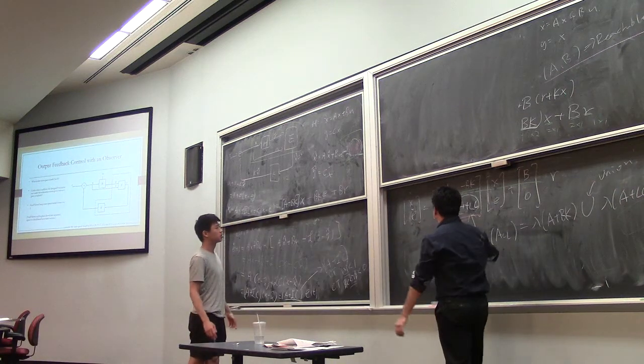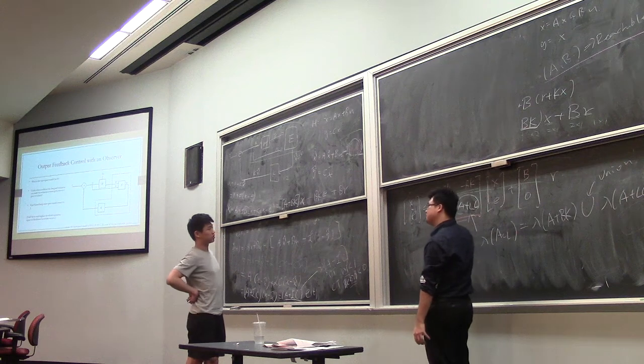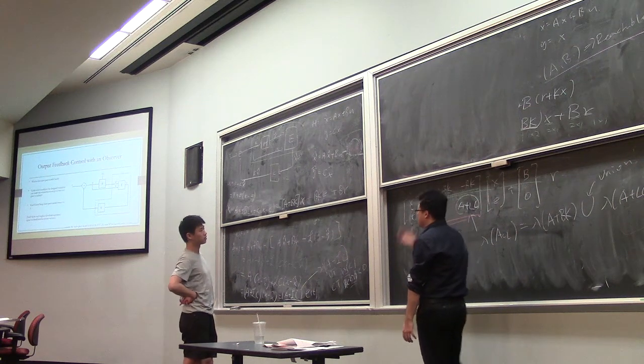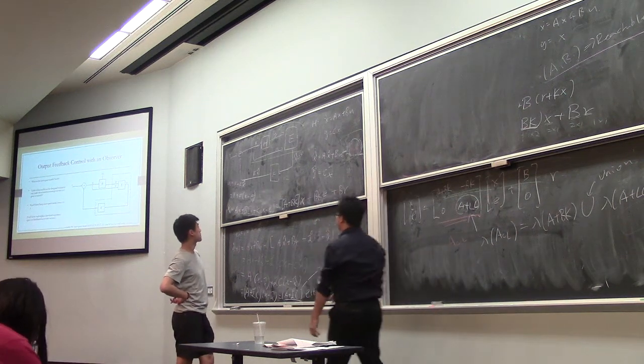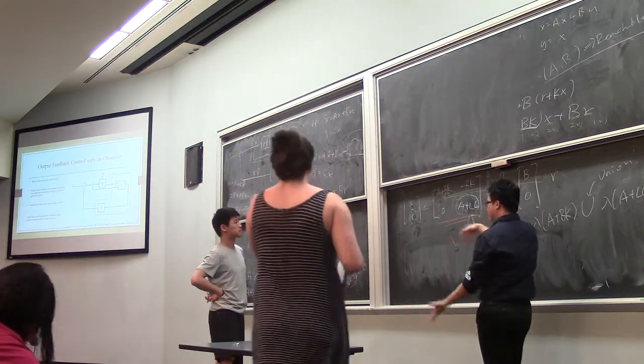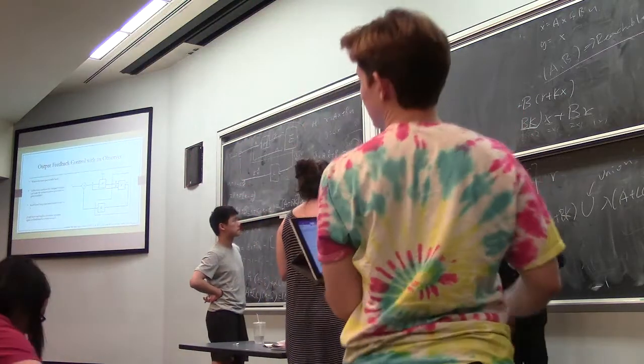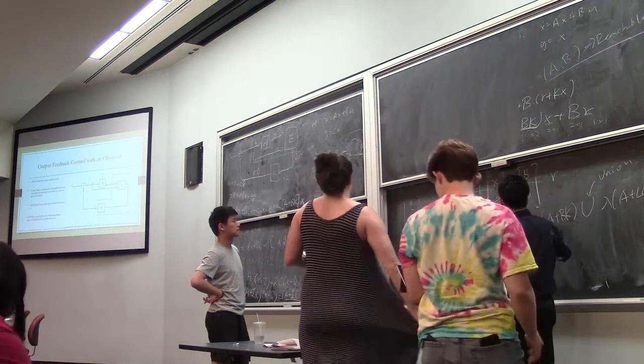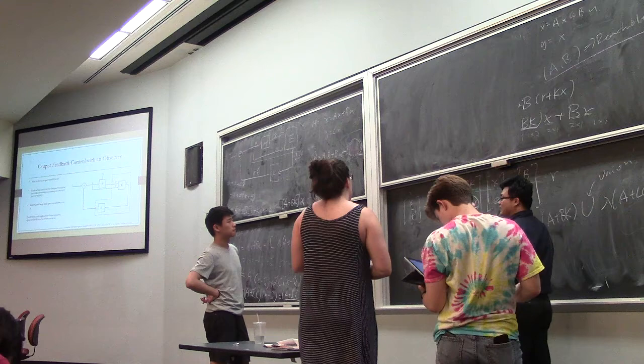Yeah, because eventually you want this system to go to something you want. Assume the overall system will be those things. Then you want to make sure all the eigenvalues fulfill something. So you will be given more requirements to design.